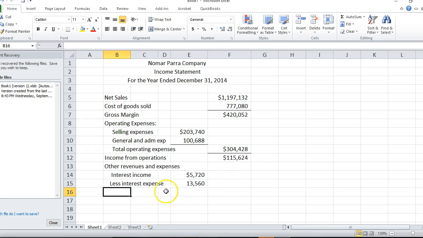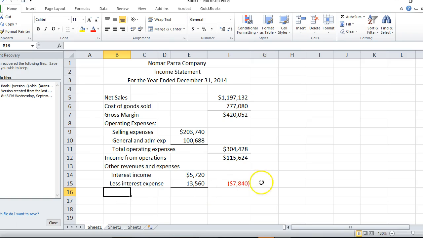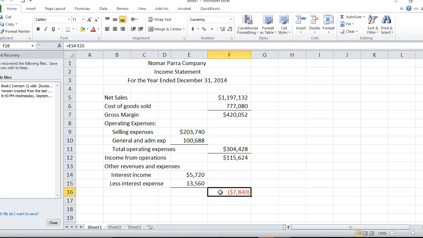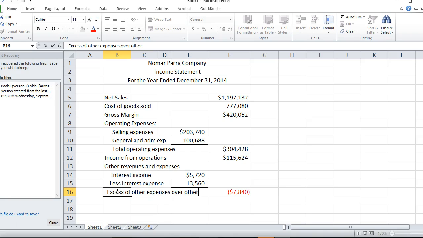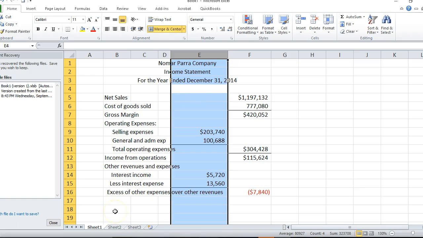And we ultimately then have, actually, let me put that one. This will show excess of other expenses over other revenues. And if the roles were reversed, guys, if the revenues were more than the expenses, it would be excess of revenues over expenses.